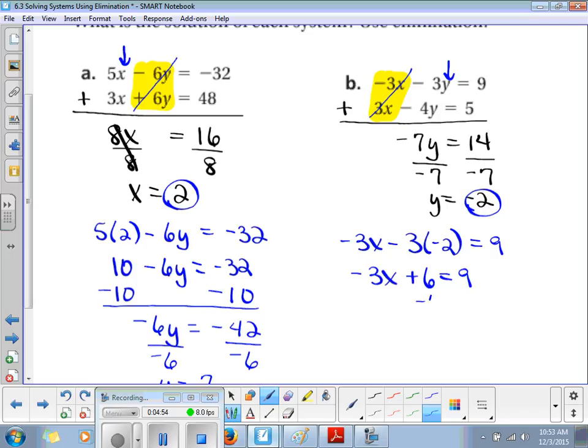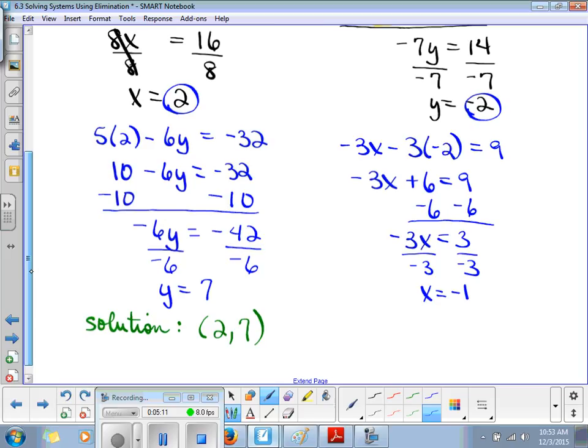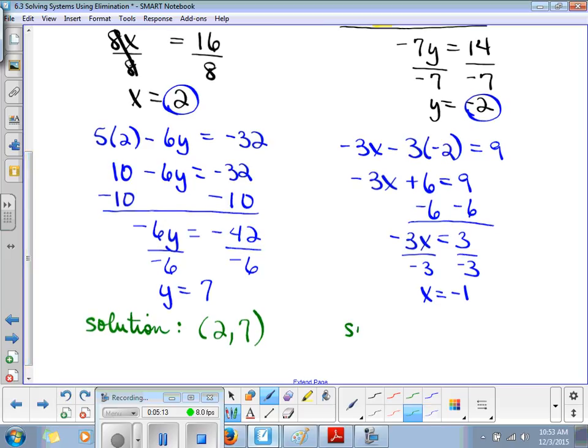Subtract 6 on both sides. So negative 3x is equal to 3, dividing by negative 3, and x is equal to negative 1. So my solution is x comma y, negative 1 comma negative 2.